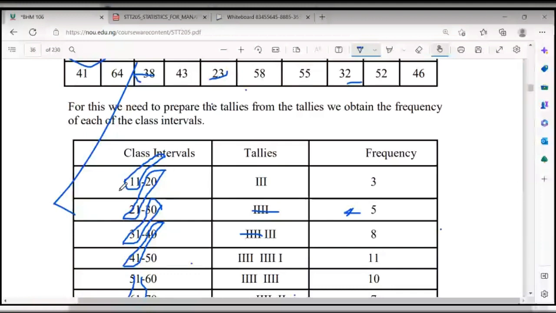For the lower boundary, I used the lower interval plus the preceding upper interval. To find the upper boundary, I will use the upper interval and the succeeding one, the next one. I will come down to the succeeding lower interval, add together and divide by 2, and I will get the upper boundary.